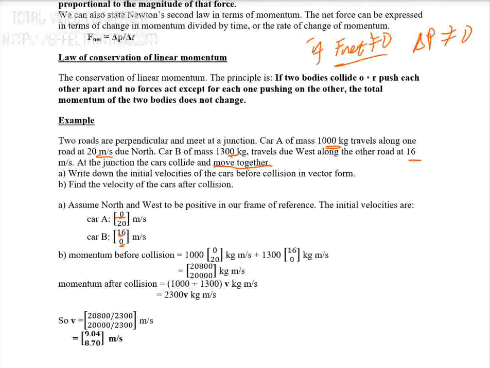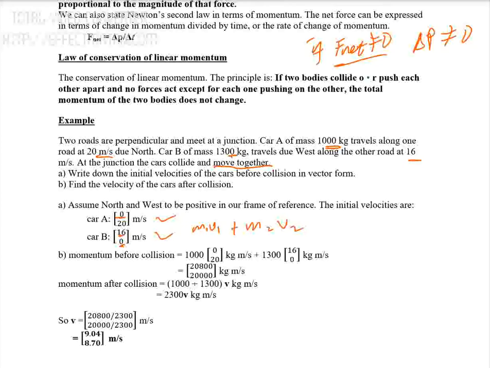Before collision, first you find the momentum of this car and this car separately. The momentum of the first car A is mass times V, mass 1, V1, or mass A, VA, plus mass 2, V2, or mass B, VB. Mass A or mass 1 is 1000 and VA or V1 is this value.